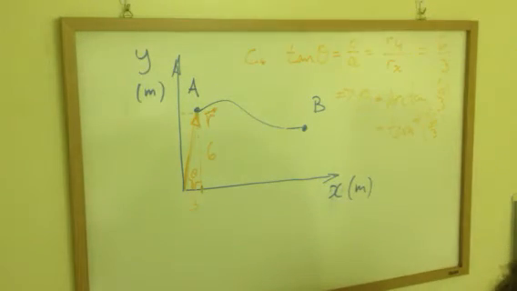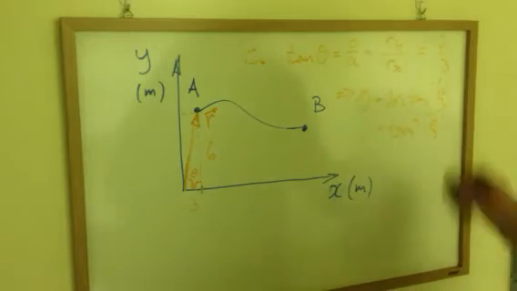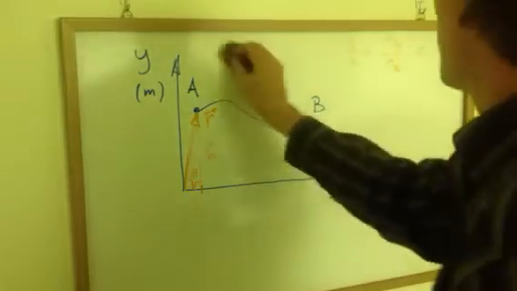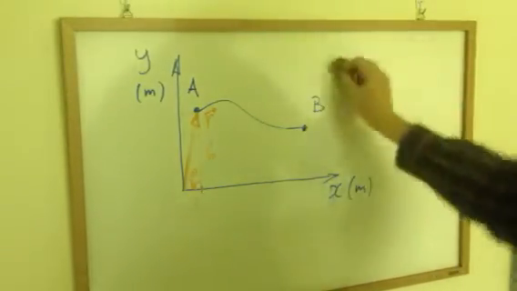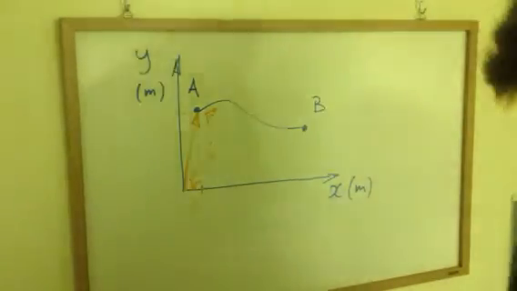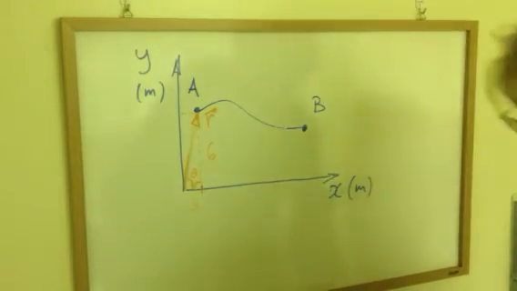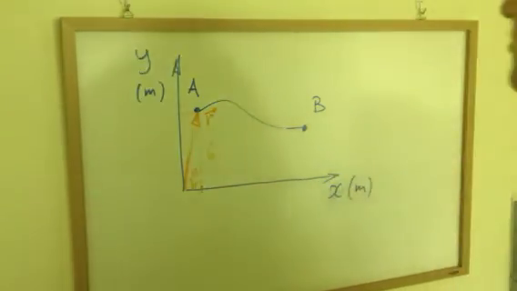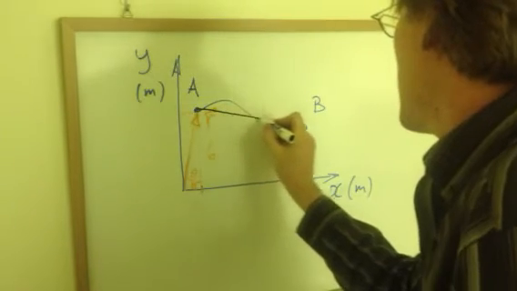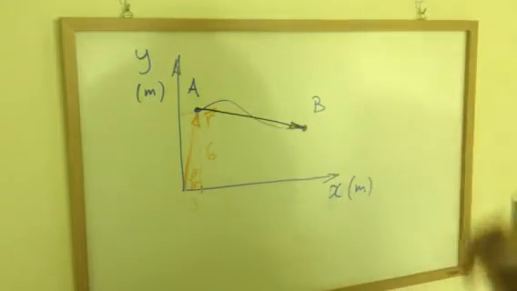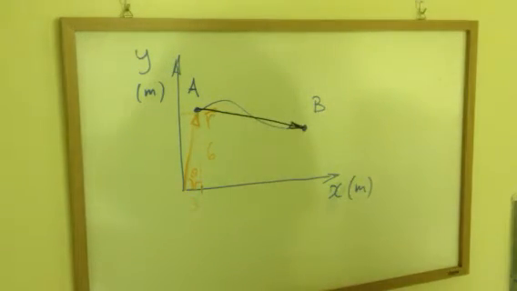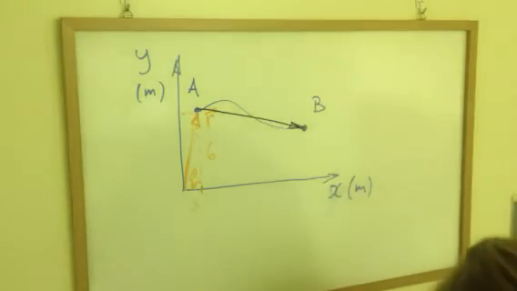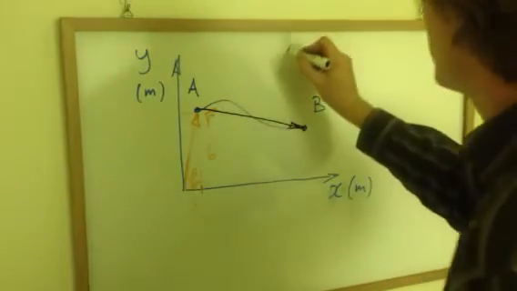Part D, find the x and y components of the dragonfly's average velocity between A and B. All right. Well, if the dragonfly travels between A and B, I think we're given a time, aren't we? There's a delta t.